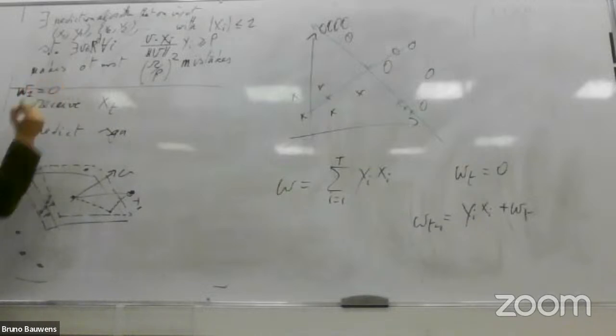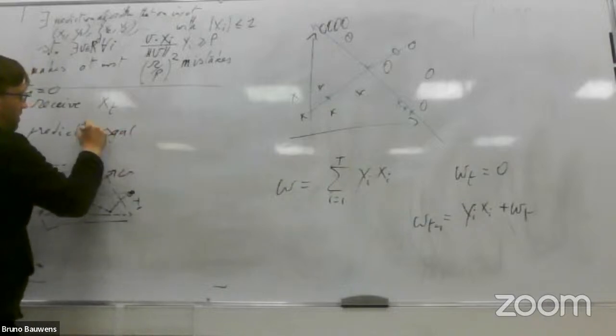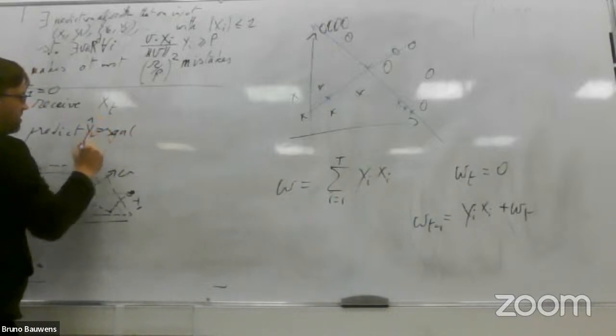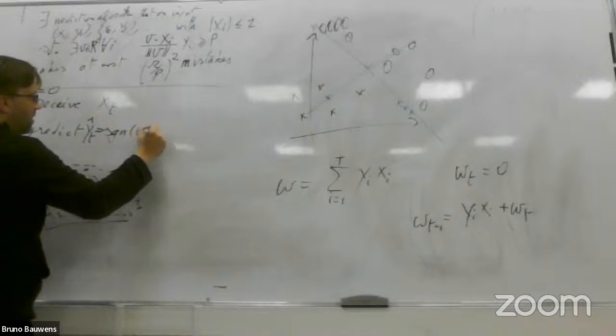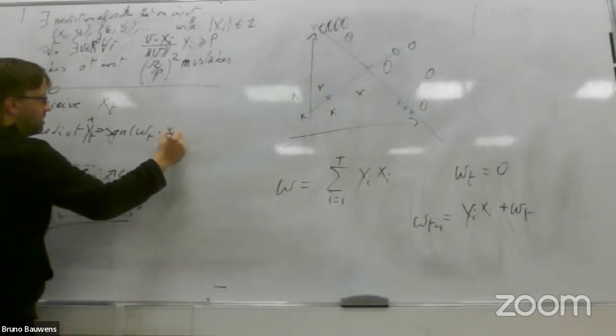W1 is equal to the 0 vector. Then we predict yt hat equal to sign of wt times xt.